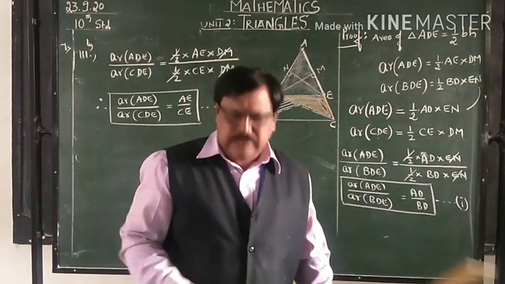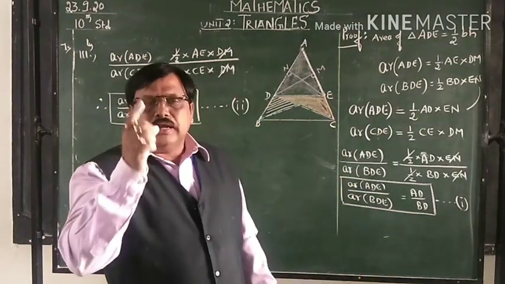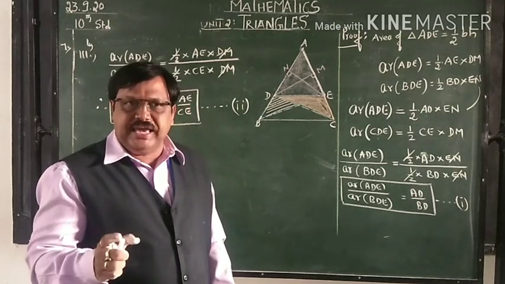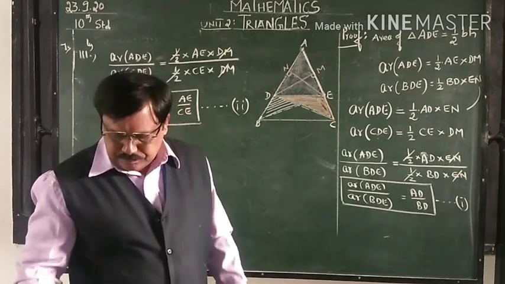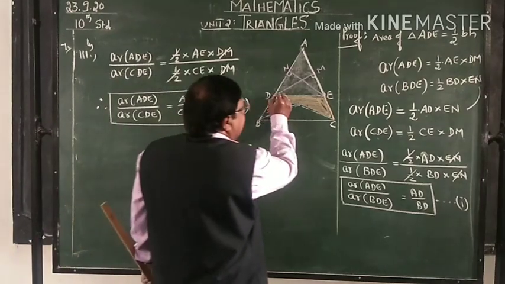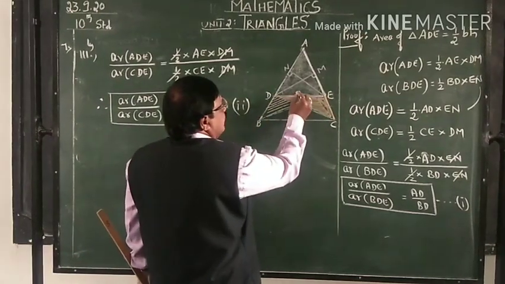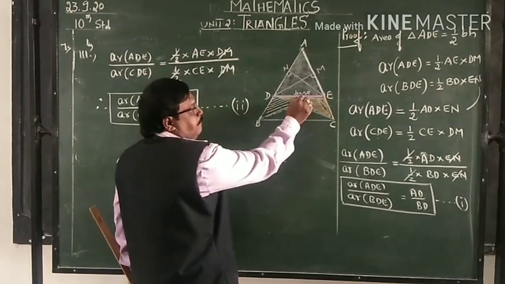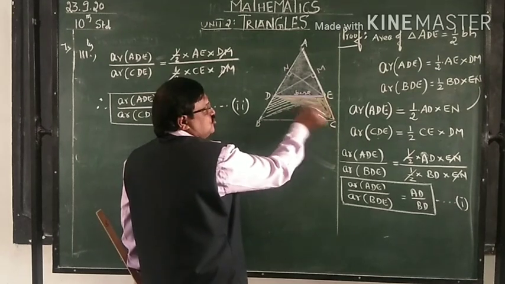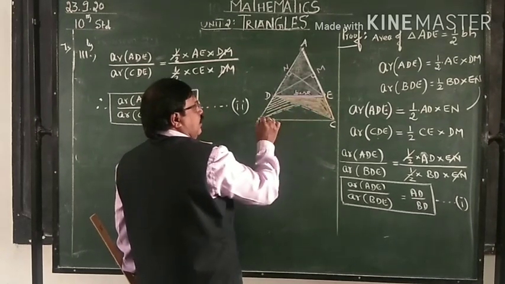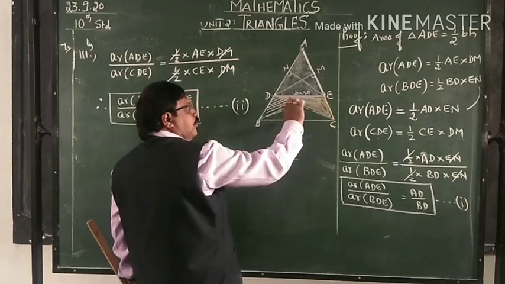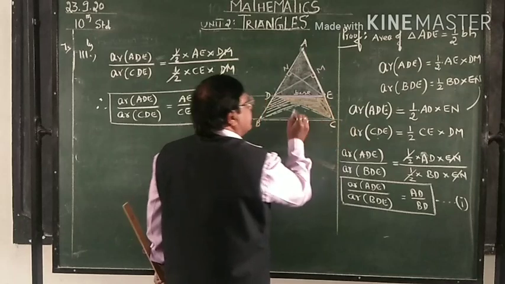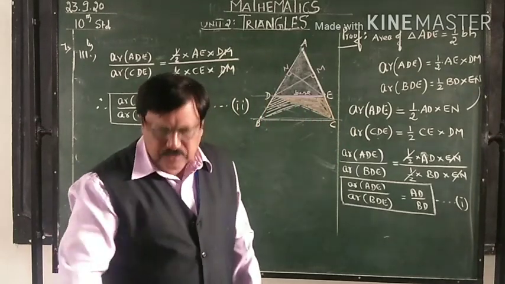And you see one thing here: in 9th standard you studied that areas of triangles on the same base and between the same parallels are equal. Here if you take this as the base, then on the same base two triangles CDE and BDE lie between the same parallels, so their areas are equal.